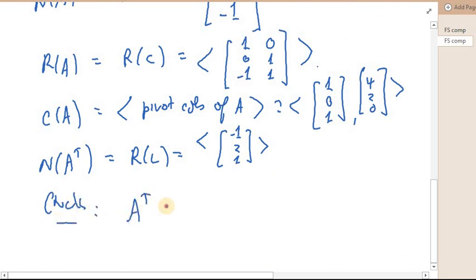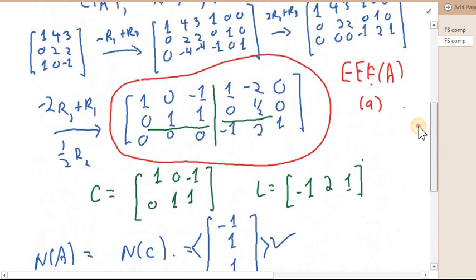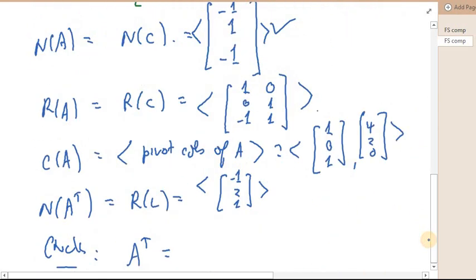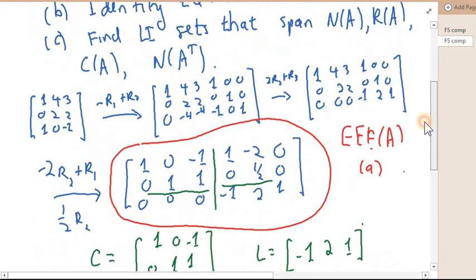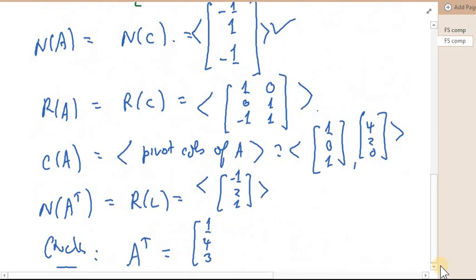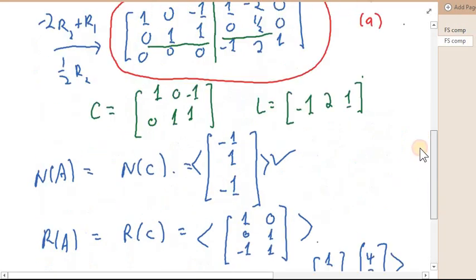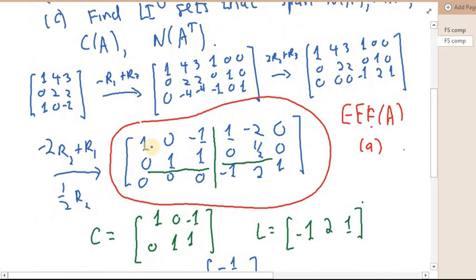Let's get A transpose. So let's remember what A transpose is. The first row of A was 1, 4, 3. So the first column of A transpose is 1, 4, 3. Okay. Second row of A was 0, 2, 2. Second column of A transpose is 0, 2, 2. Third row of A was 1, 0, minus 1.